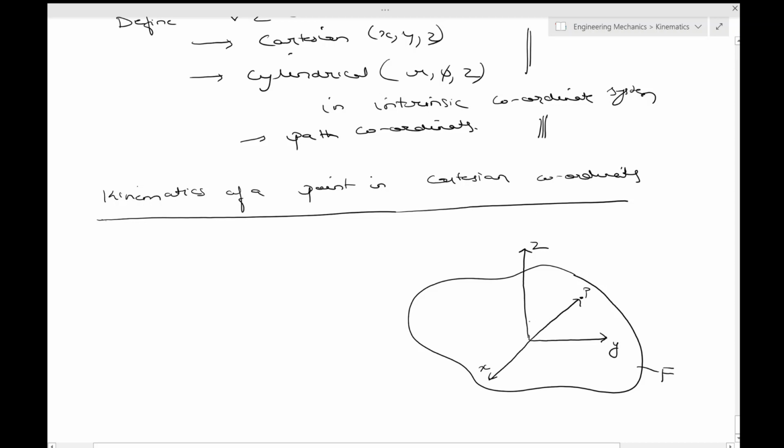The motion of this point P can be written as rp as a function of time. The unit vectors i, j, k will lie along the x, y and z directions, so I'm not separately writing them.